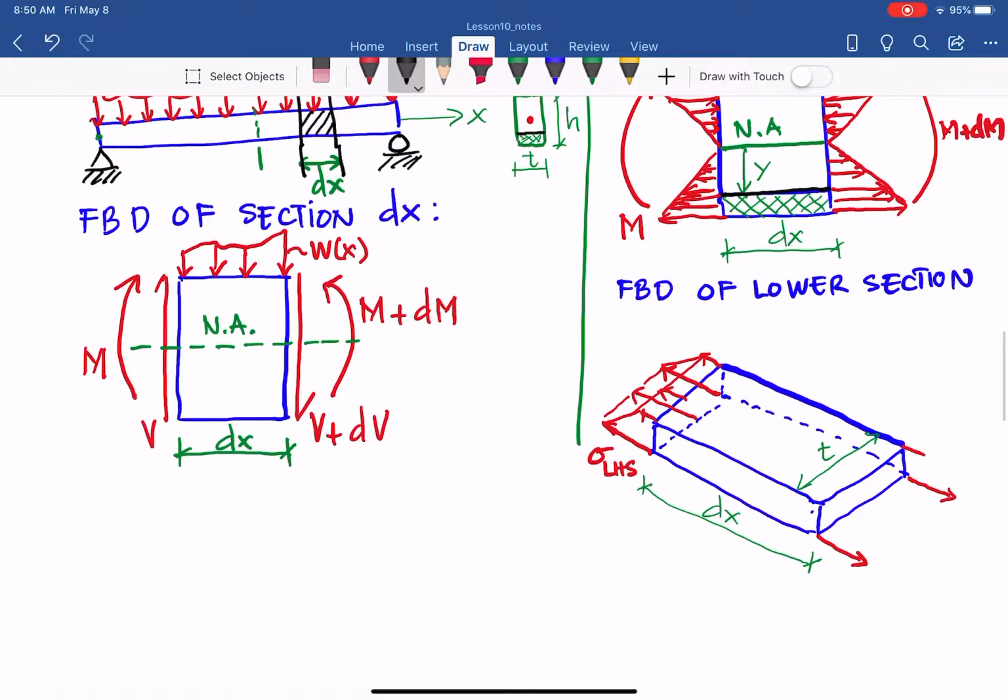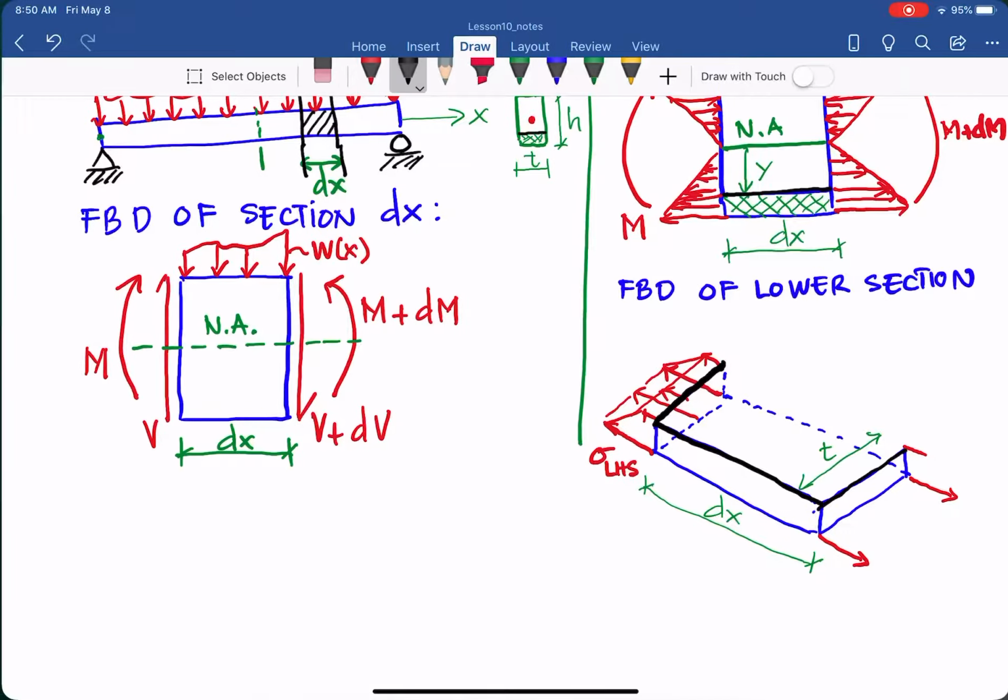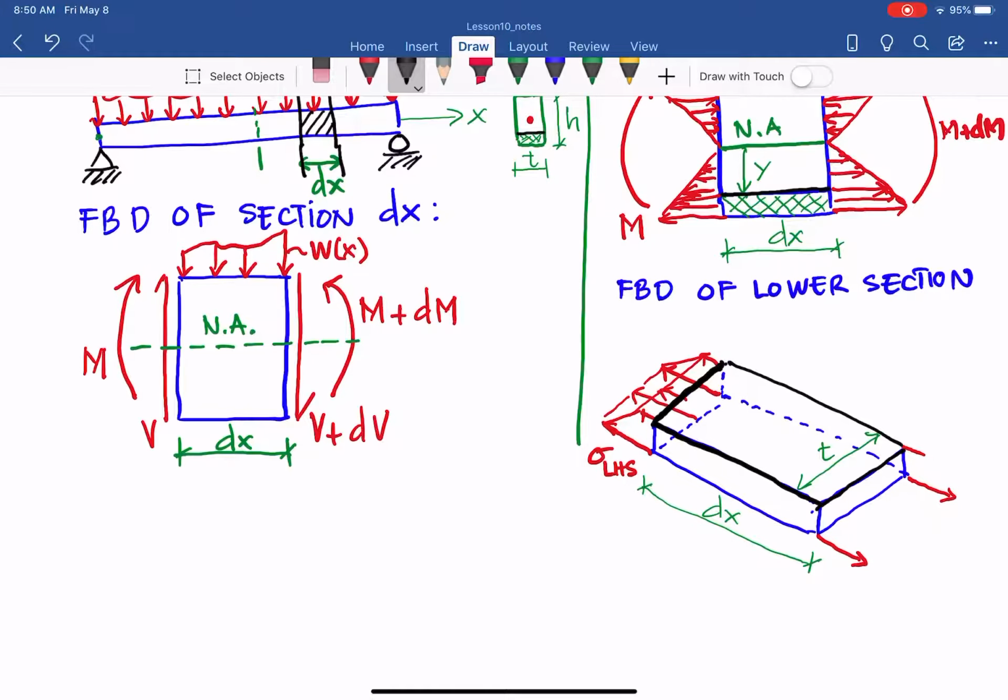know this is where we stand here, with a different color that you have there. So from that one, we have the normal stress on the right hand side at the cut.